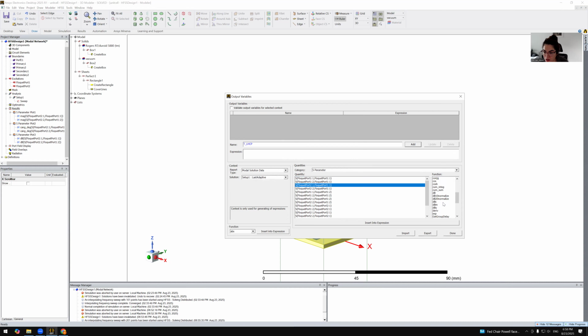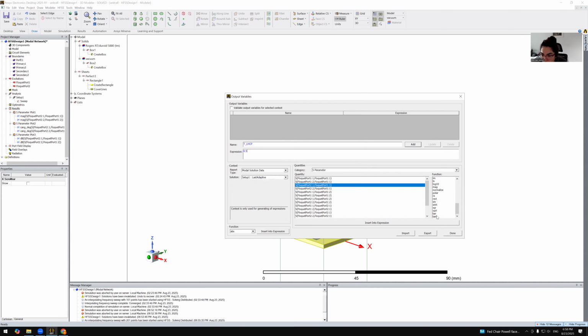Circular polarization is half of this plus half of this multiplied by this, which we're going to insert. How did we used to do that? Insert into expression? I completely forgot how we used to do this.